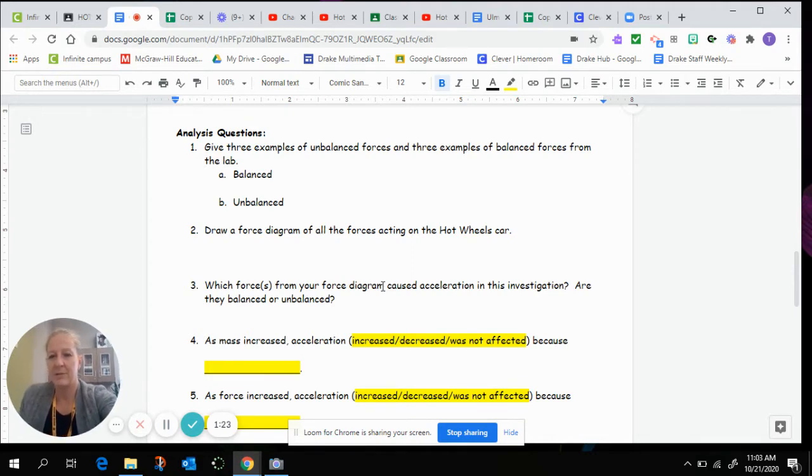I don't know if you guys saw it, but I know when I watched some of the classes do the experiment, our car ran across the table. So this is my little table here, if you can watch. It ran across the table and then it got pulled all the way to the end of the table. When it got pulled all the way to the end of the table, it no longer had a support force.